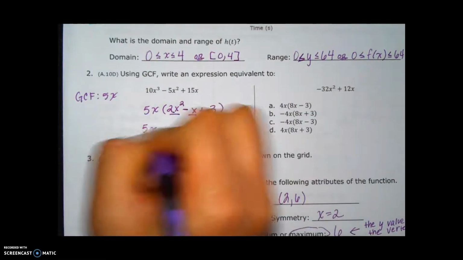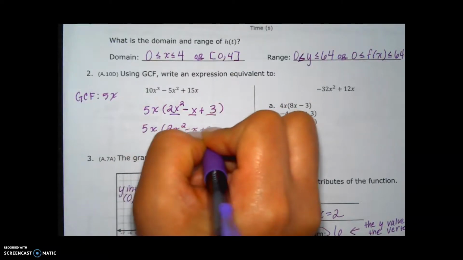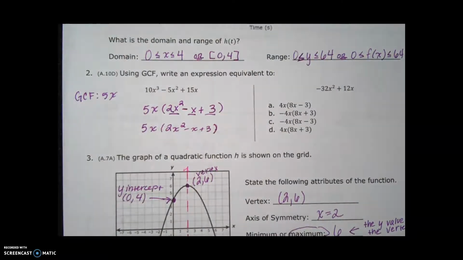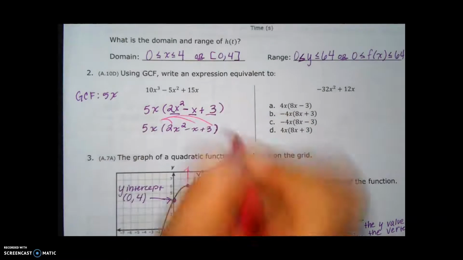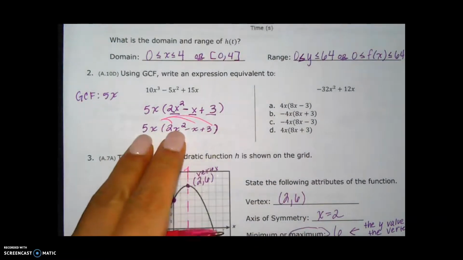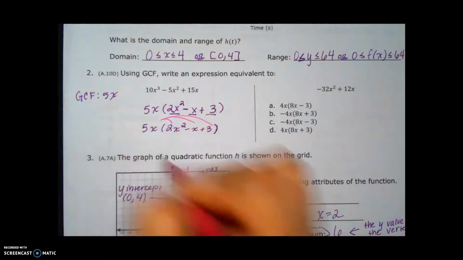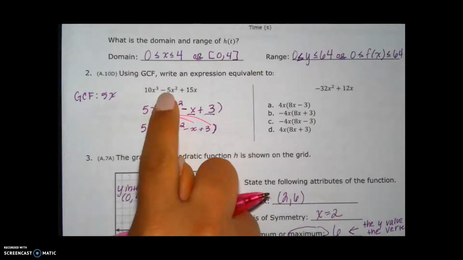So whenever you get to your answer choices on your exam, remember that you can always redistribute this. That means multiply everything on the inside of the parentheses by whatever's on the outside, and you should get the original polynomial. So as you're looking through your answer choices, you can redistribute them all and see if you get that same original polynomial.